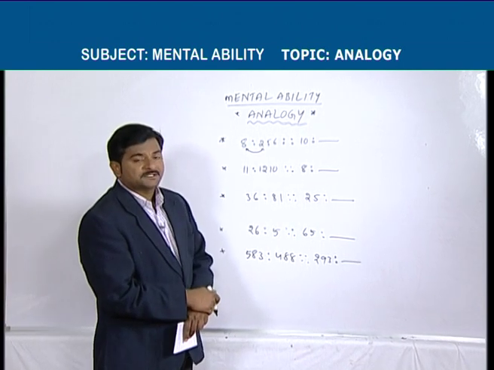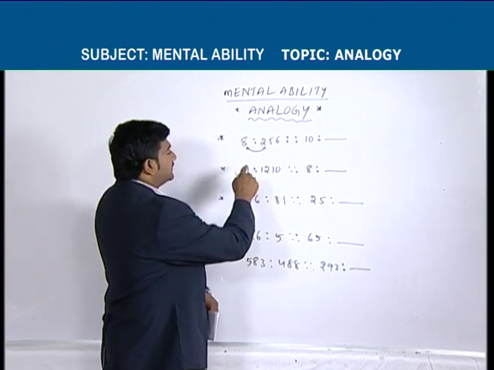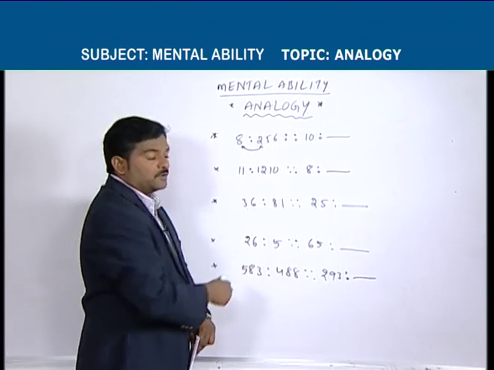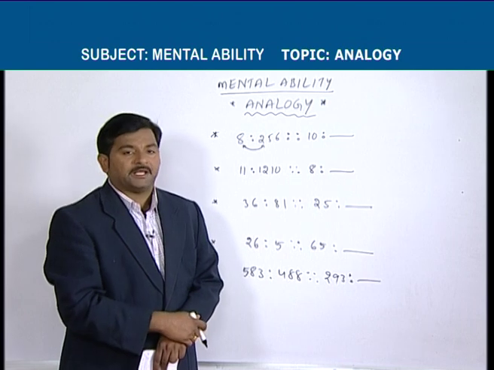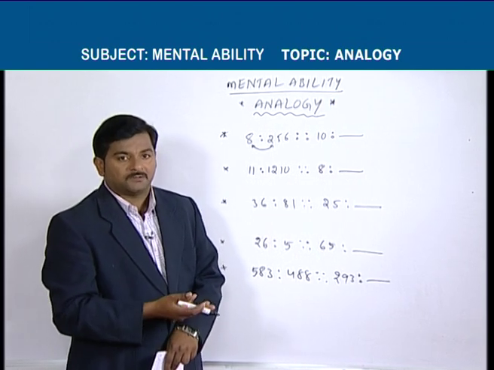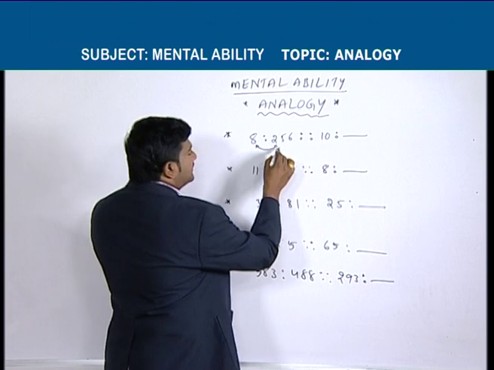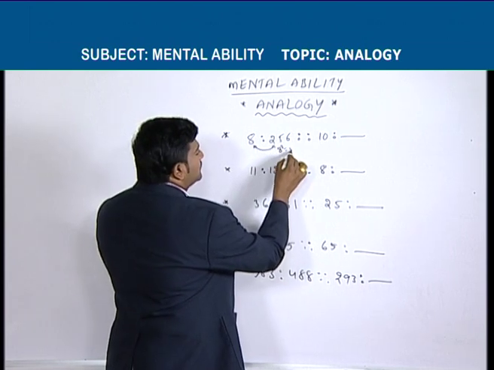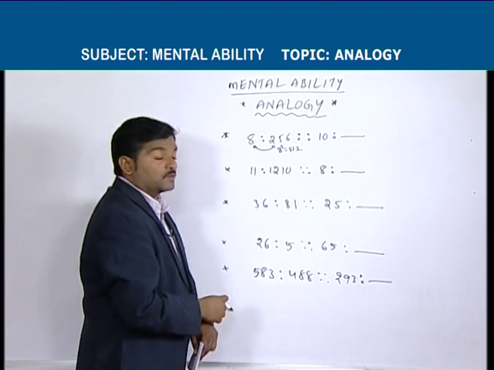To identify the relationship between these two numbers, you must know the 8 cube value. 8 cube value is how much? 512. Okay, we all know 8 cube value is 512, but 256 is given.